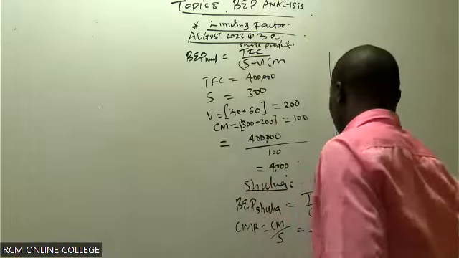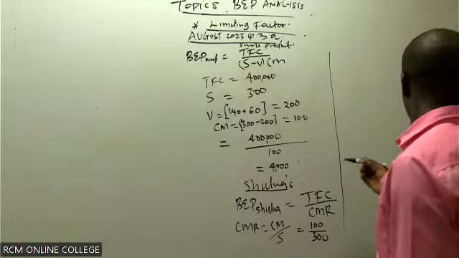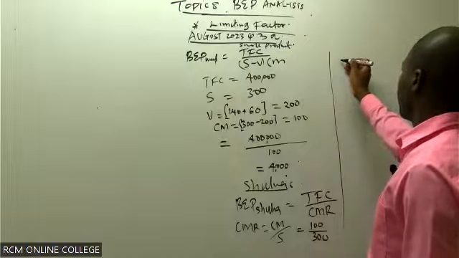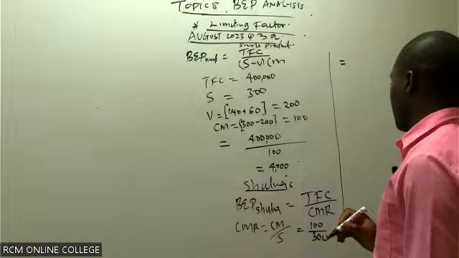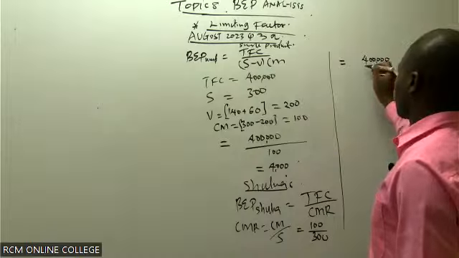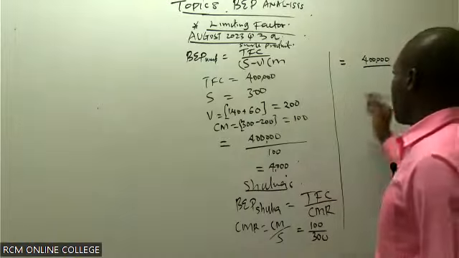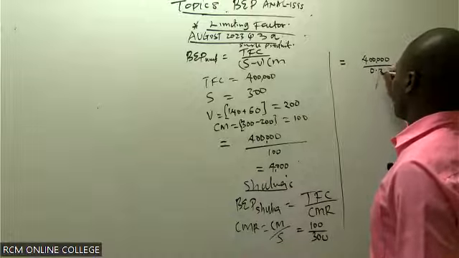If that is divided, what will you have? Total fixed cost, 400,000, divided by the ratio, which is 0.3.